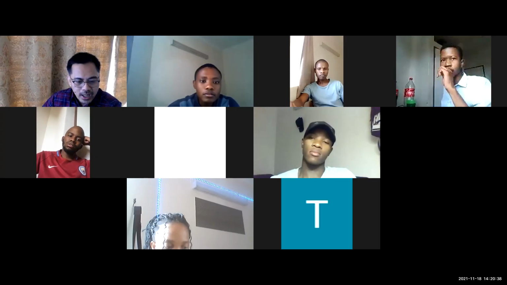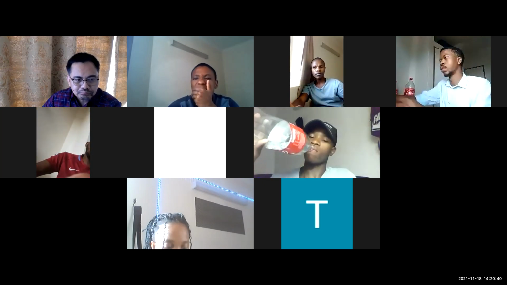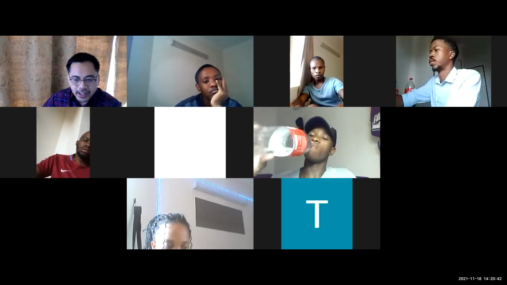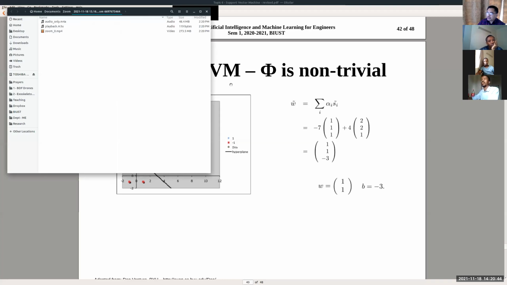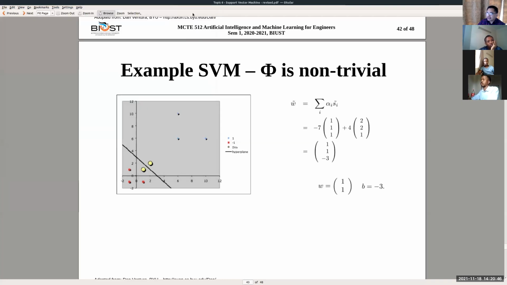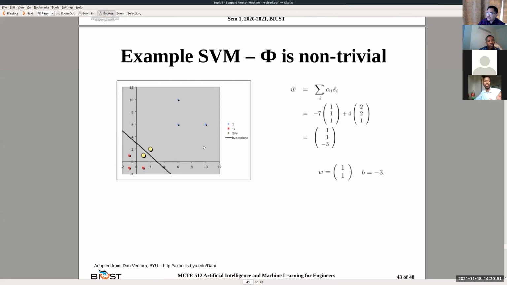And so I would want to emphasize that, again, we are given data that was not linearly separable, and we transform them into a feature space using a function phi that makes our data now linearly separable.